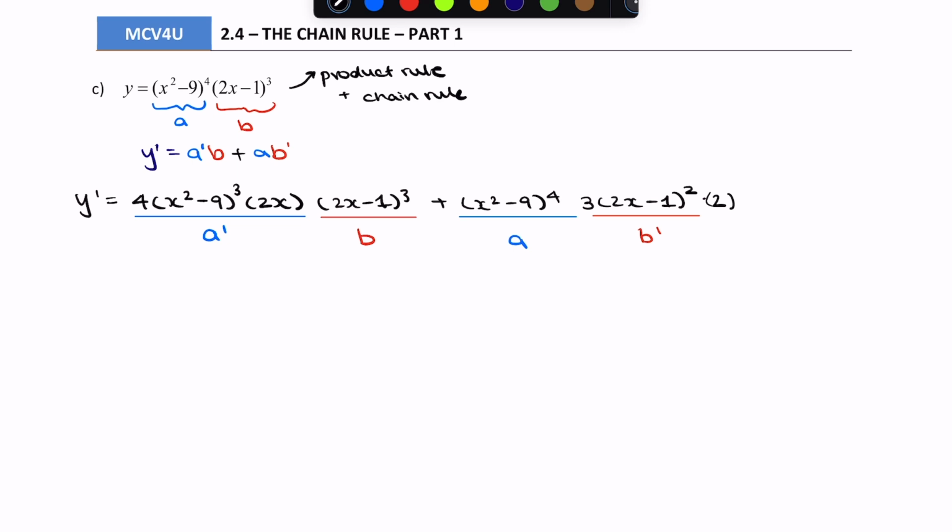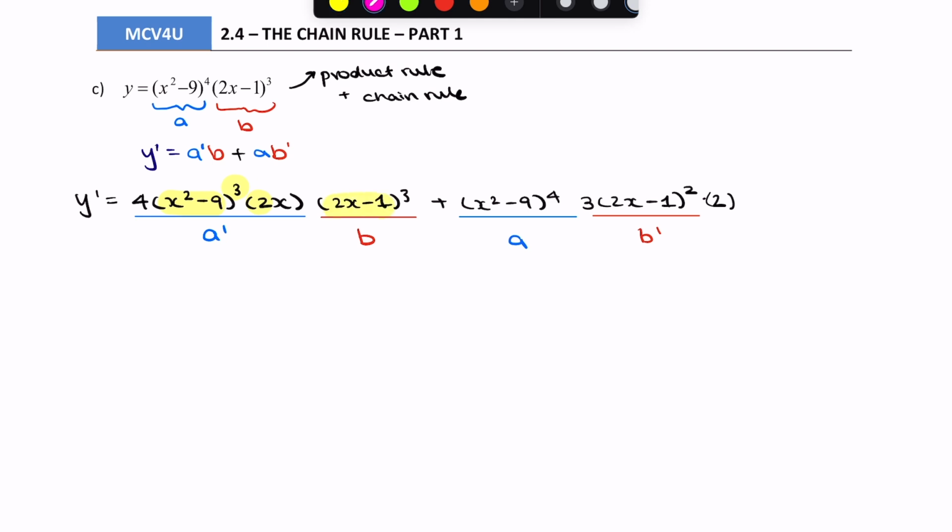Okay, so now, after we have gotten a prime, b, a, and b prime from using the product rule, we can see if there are any common factors we can factor out. In the first group, a prime b, we have (x² − 9)³, we have 2, and we have 2x − 1.